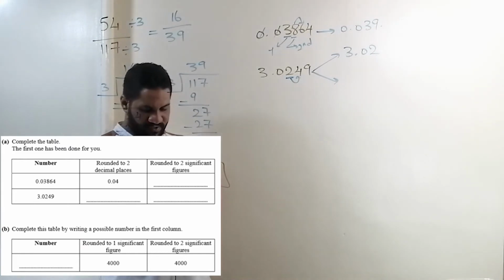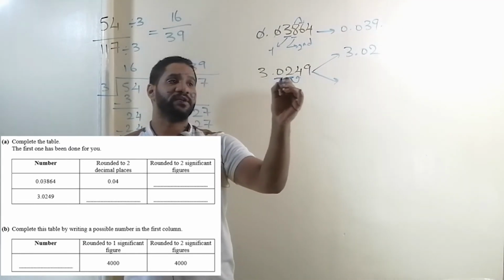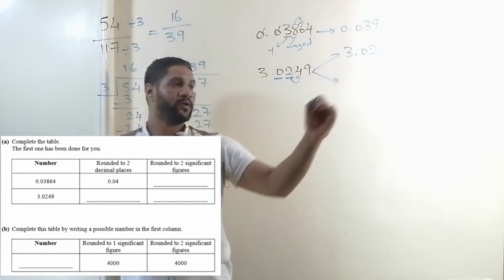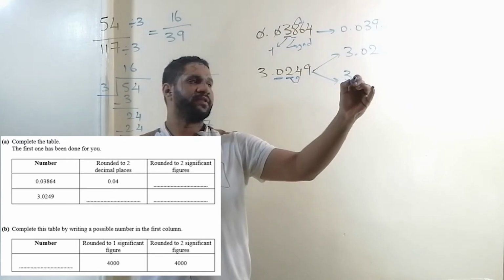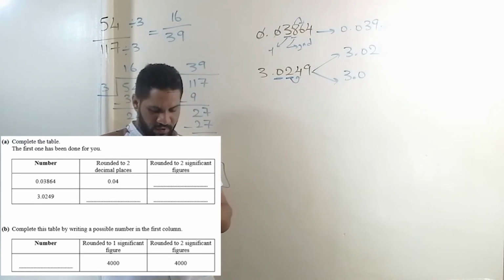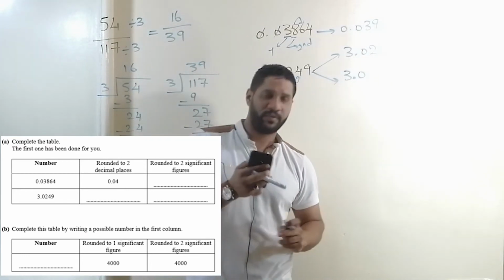If you want to round it to the second significant figure, which is the 0, beside the 0 there is nothing, so a weak number which won't affect it, so the answer is 3.0. Someone may ask me why you are writing a 0 after the decimal point.